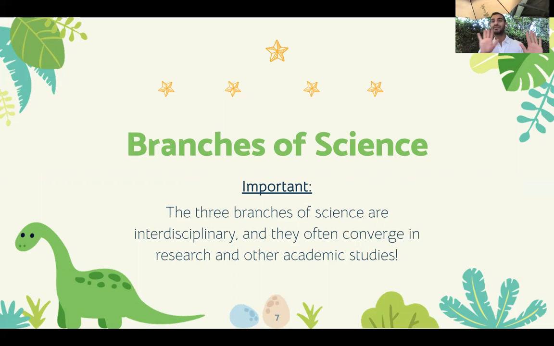So as different as they may be, or as different as the information might seem, they're all connected and they're all interdisciplinary, meaning they all work together to kind of come up with the same goal, and that's to help us learn and to gather information within these three branches about science.